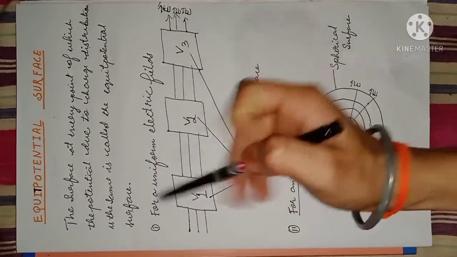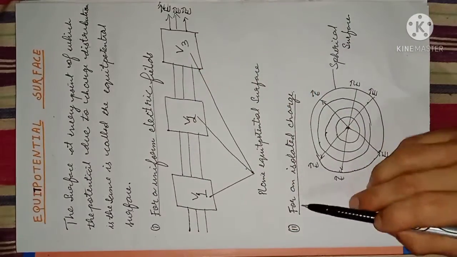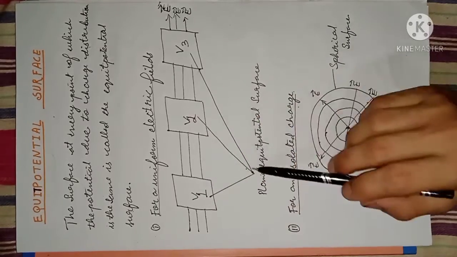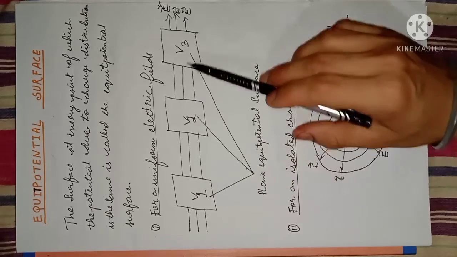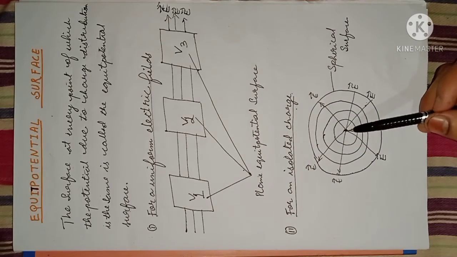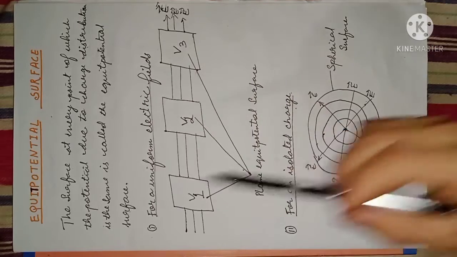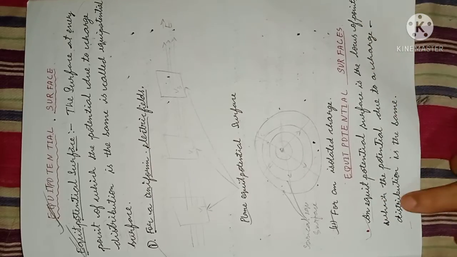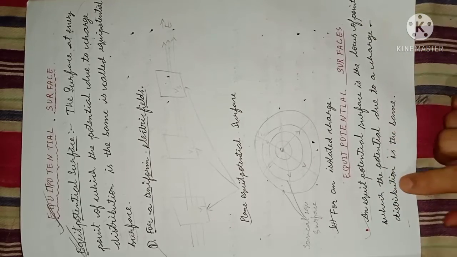We have taken the example of a uniform electric field and of an isolated charge. For uniform electric fields, the equipotential surface is this, and for an isolated charge, the equipotential surface is this. The equipotential surface is the locus of points at which the potential due to charge distribution is the same.